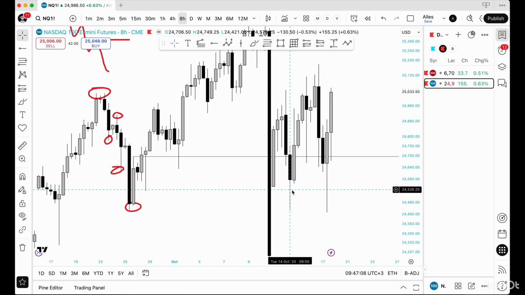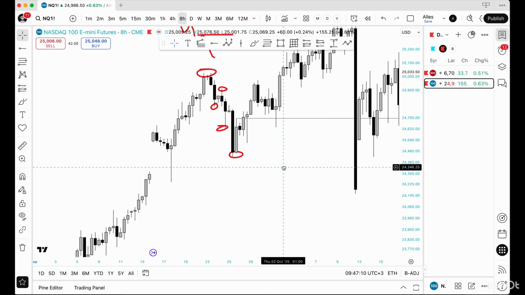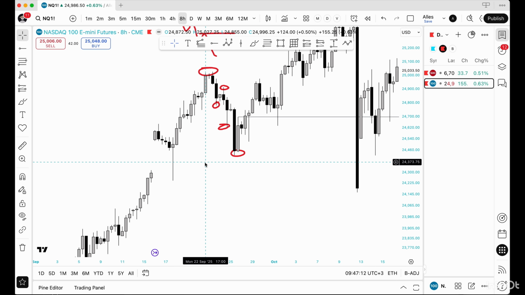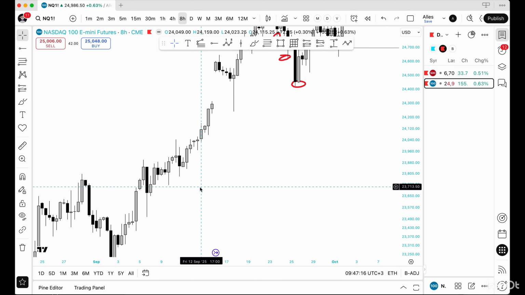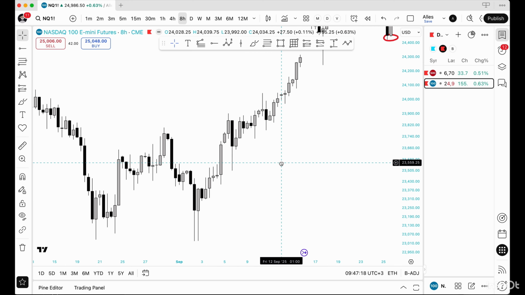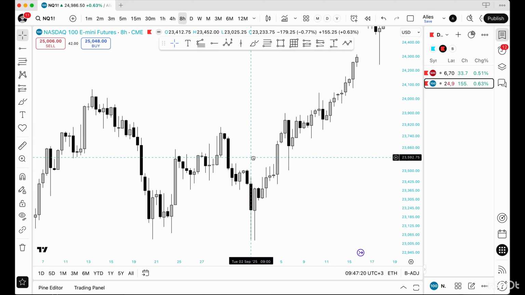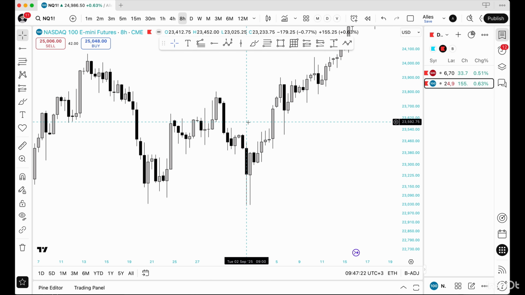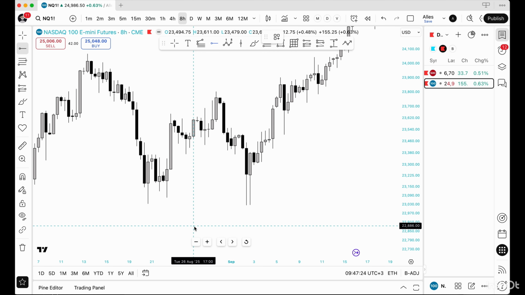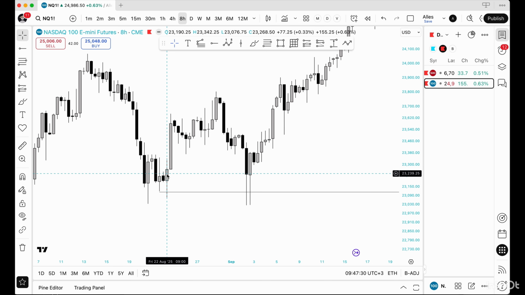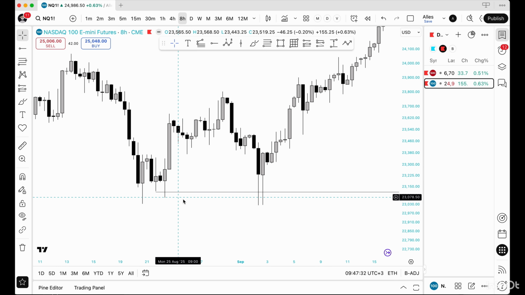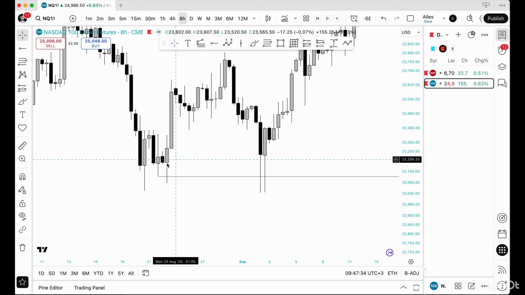For example, let me check for a good example. Here it's in the other direction. Here we have a low, yeah, down candle, up candle. And here we go below it, but we do not close below it.